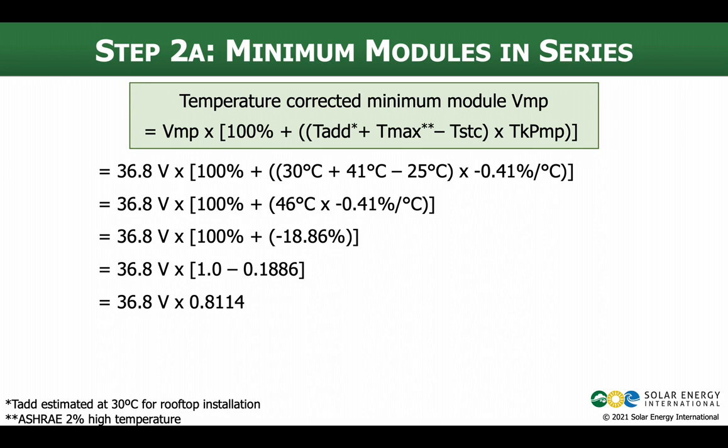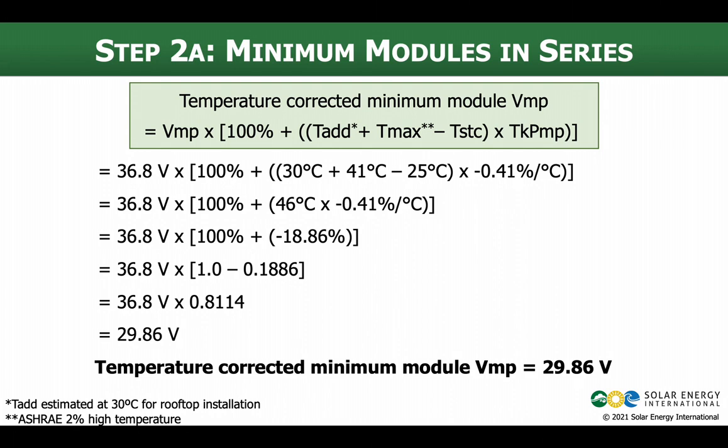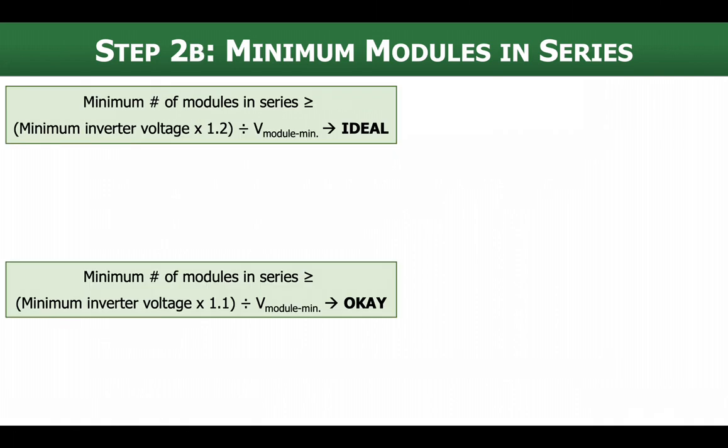So we'll take that 36.8, multiply it by our 0.8114, and we determine that our temperature-corrected minimum module VMP is just under 30 volts, 29.86 to be precise. As I said, we're going to be shooting for 110 to 120% of the inverter DC voltage input minimum. So we've got the ideal 120%, we've got the okay 110%.